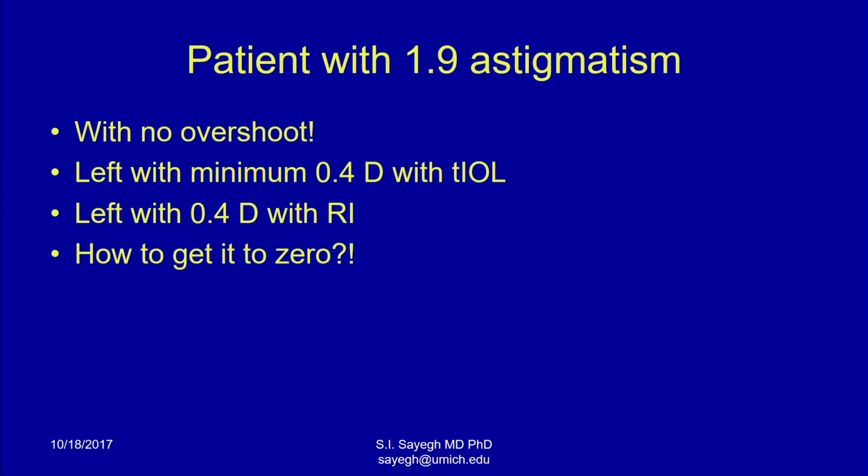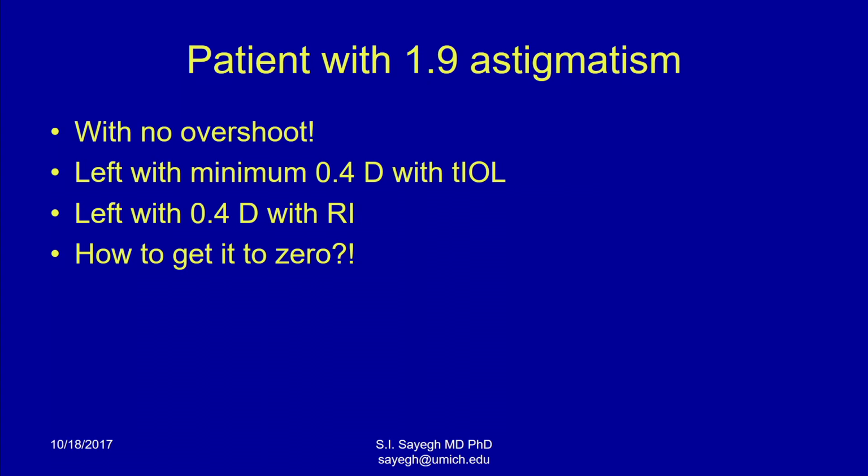So if you have a patient who comes with 1.9 of astigmatism, okay, then one way or another, they'd be left with about 1/2 a diopter of astigmatism. And that's significant, right? They're not going to die, but it's not going to be perfect. And if other errors are also entering, they may end up with more than that.